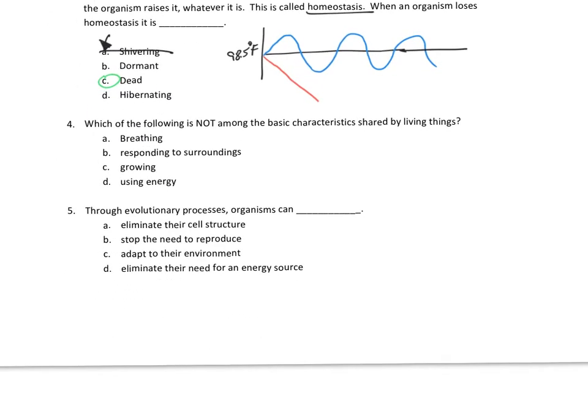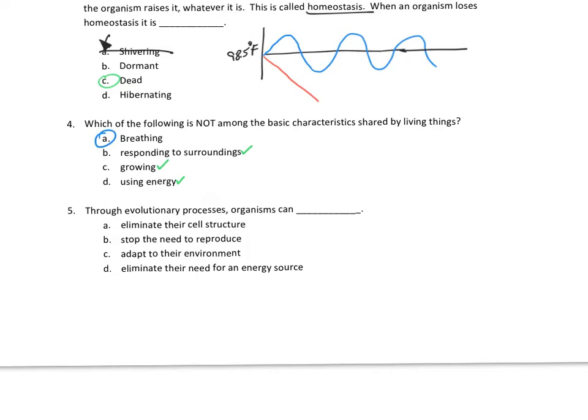Which of the following is not among the basic characteristics shared by living things? So you know your basic characteristics, don't you? There are 7 of them. Is using energy one of them? Yes. Growing? Sure is. Responding to the environment and your surroundings? Yes, it is. So what's the only possible answer?